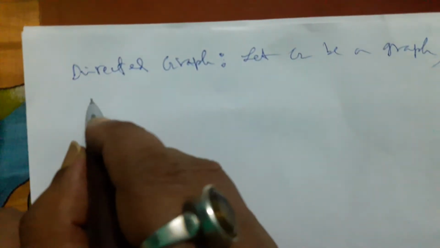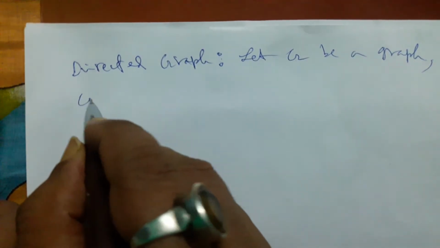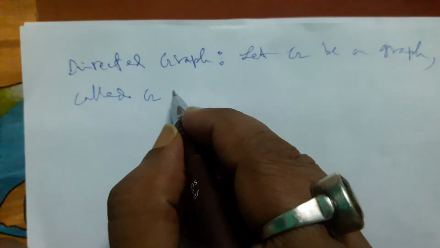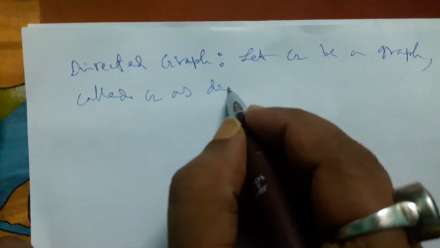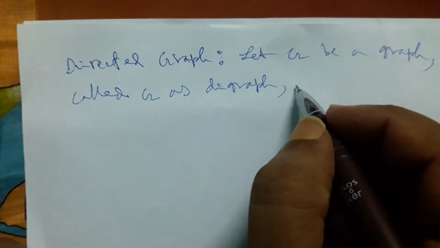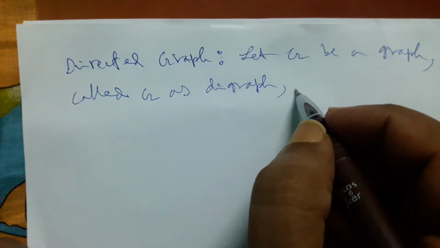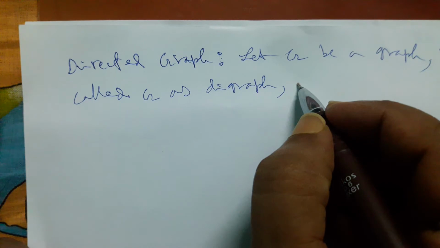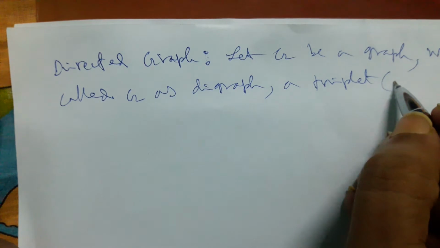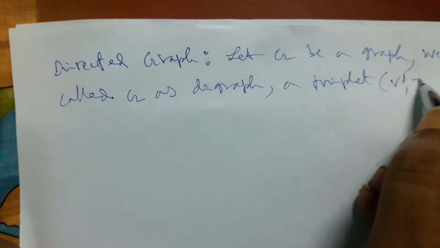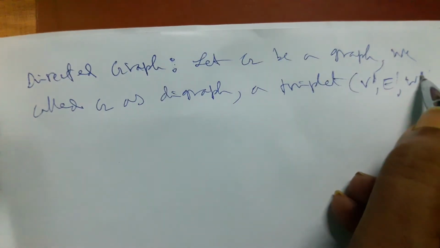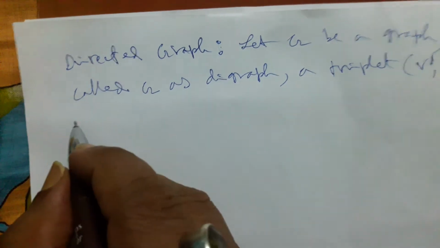We call G a directed graph or digraph, where G is a triplet of V dash, E dash, and omega dash incidence function.